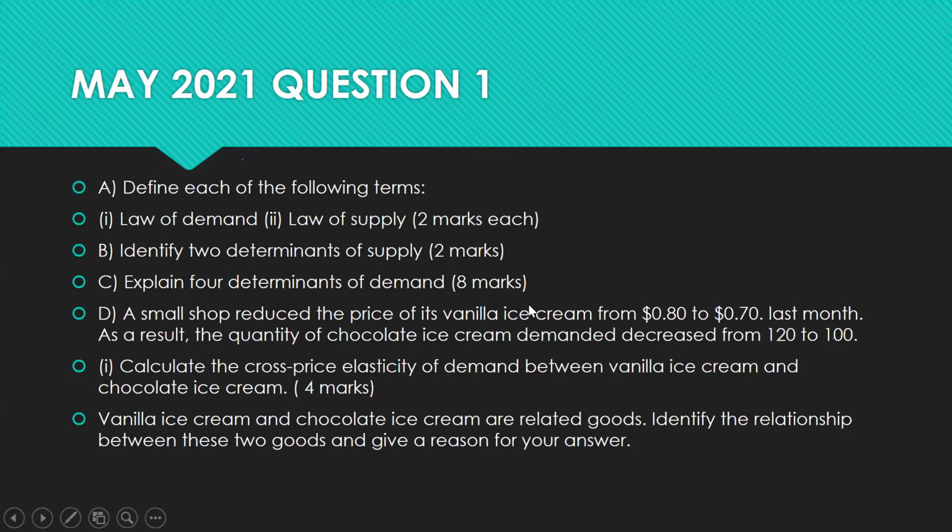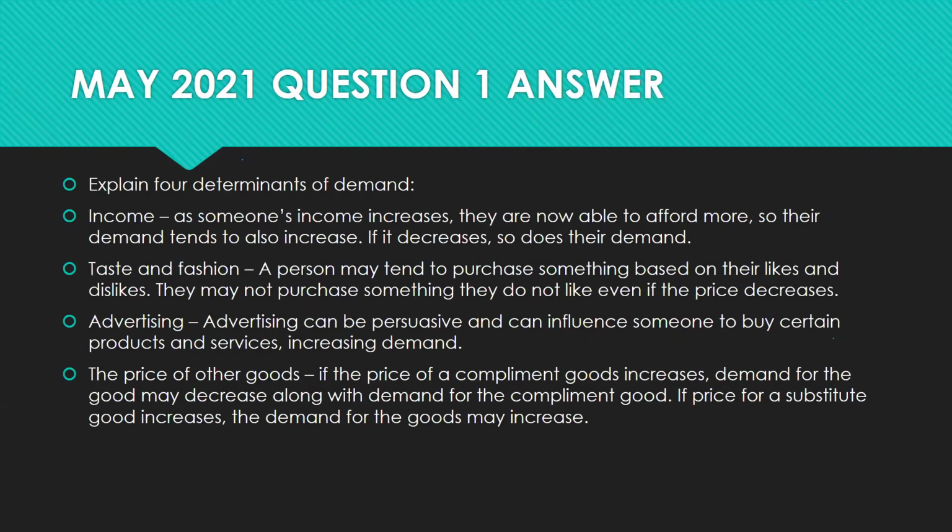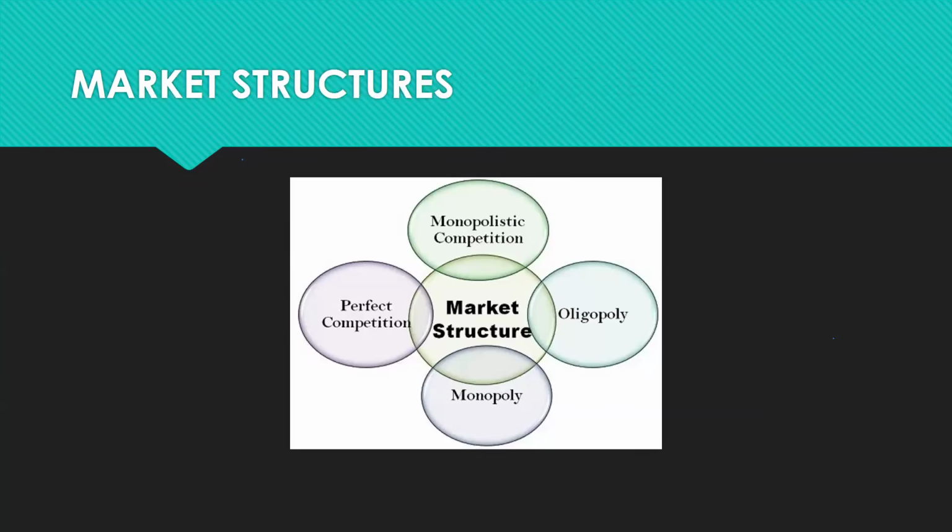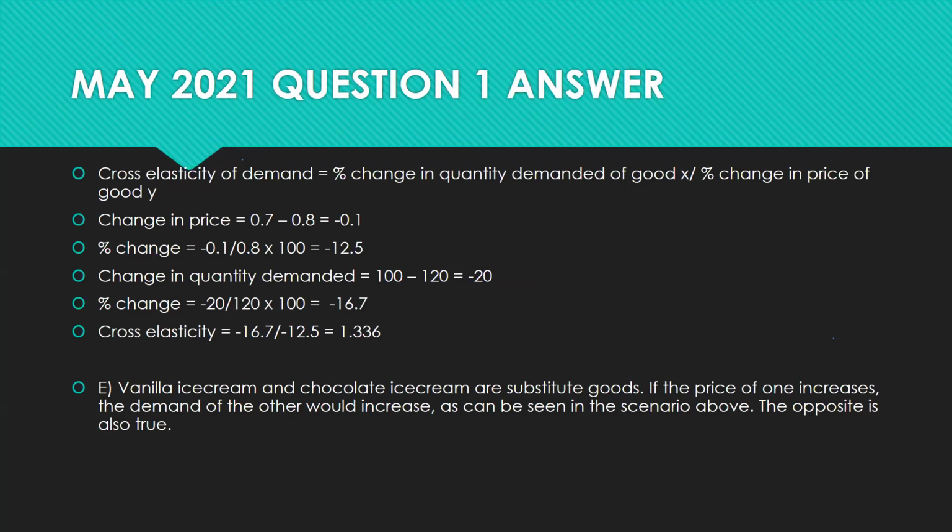So they're buying more vanilla ice cream and less chocolate ice cream. That means they are complementary or substitute? Substitute. And that will bring us to the end of our economics crash course.